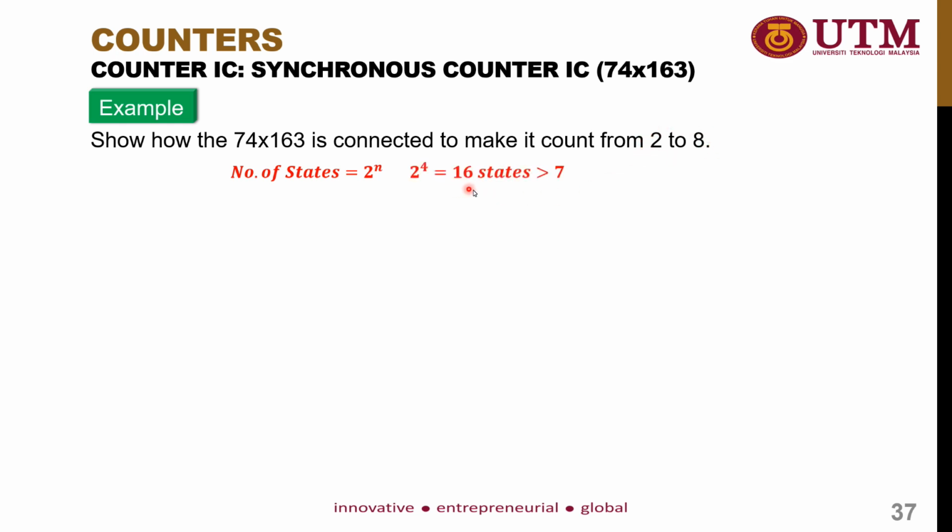We have a total of 7 states from 2 to 8, so it is less than the maximum number of states for 74x163. So we can just use one 74x163 IC.